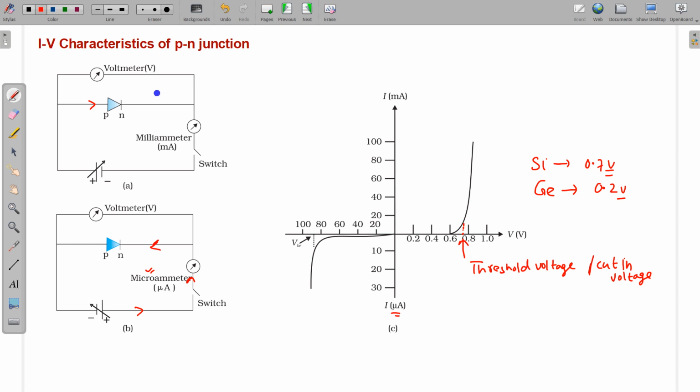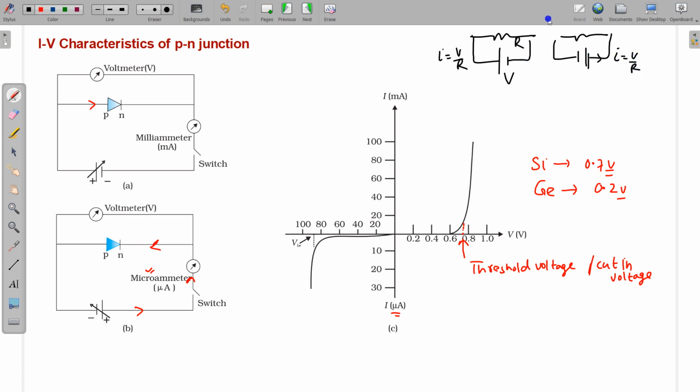In this direction current is significant, of milliampere range, and in this direction it is of microampere range. In current electricity, when we studied resistance, if we apply a battery like this or like this, there is no difference. If this is V, this is R, in this case also current is V by R, and in this case also current is V by R.